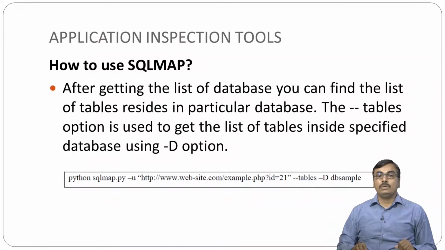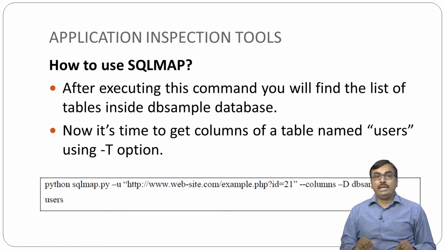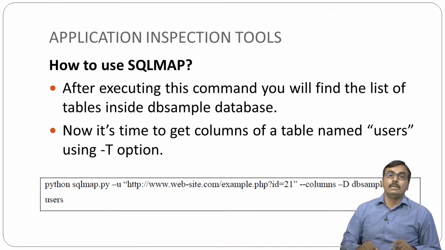So -D DB sample is my targeted database. By entering this command, we will get the list of tables. After executing this command, you will find the list of tables inside the DB sample database.